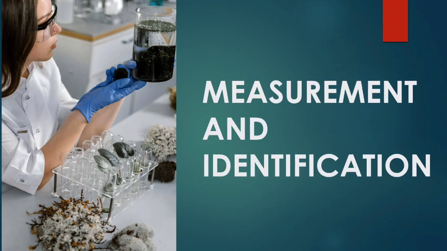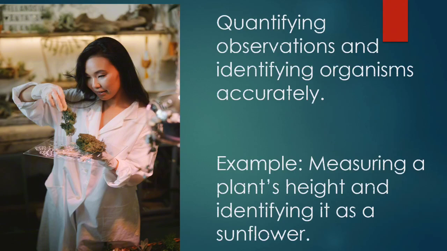Now the next method is measurement and identification. When we say measurement and identification, it means quantifying observations. Based on your observation, you quantify them, okay, and you identify organisms accurately. For instance, you may decide to measure a plant's height and identify it as a sunflower.